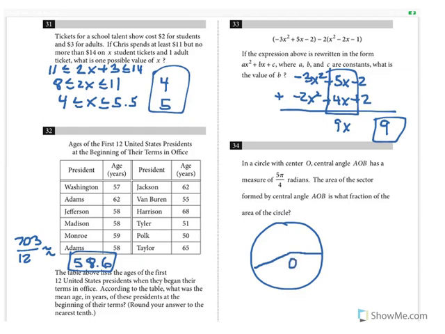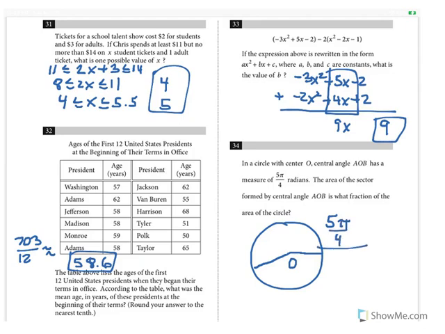And the fact that it is a central angle tells us something key here, because the arc that is swept out is going to be equal to the angle measure there. So what we have to look at is 5 pi over 4 is what fraction of the entire circle.